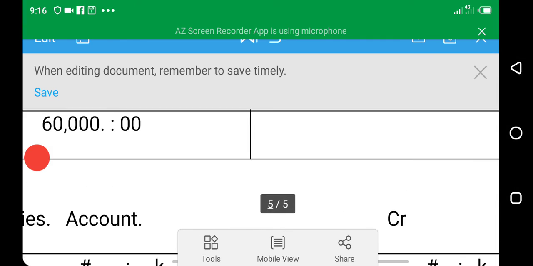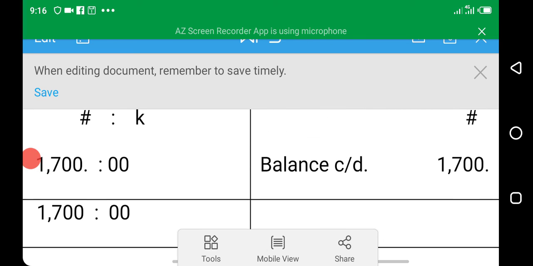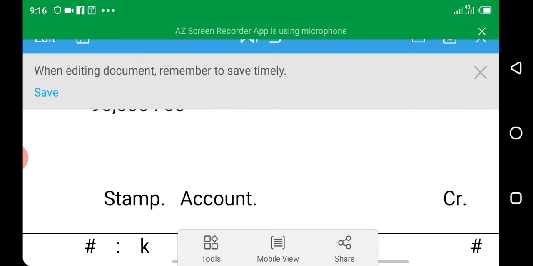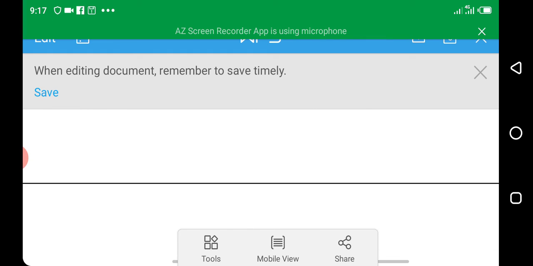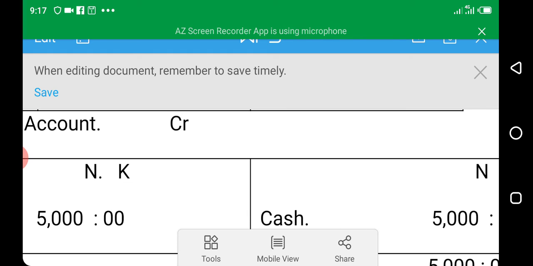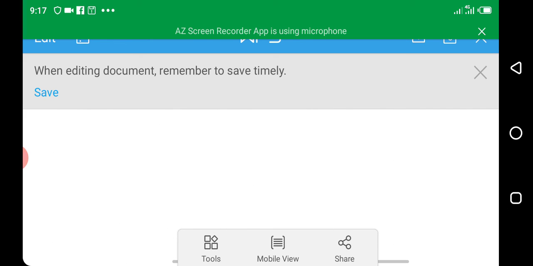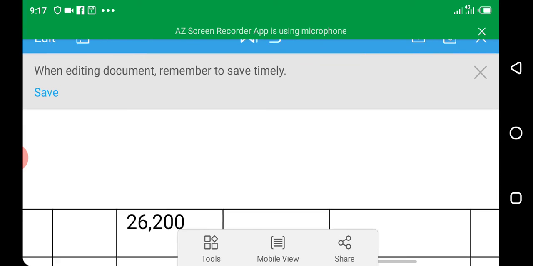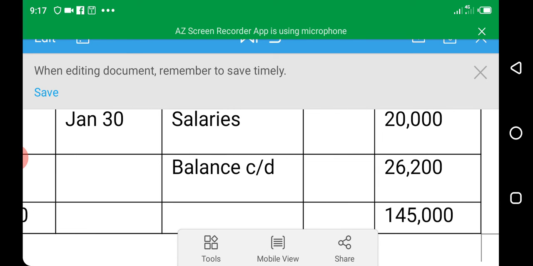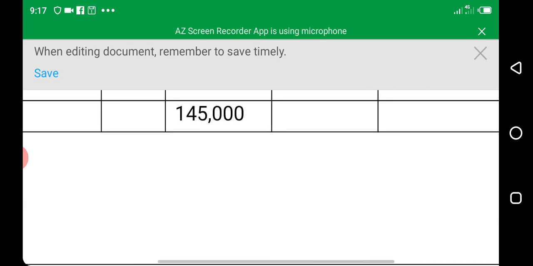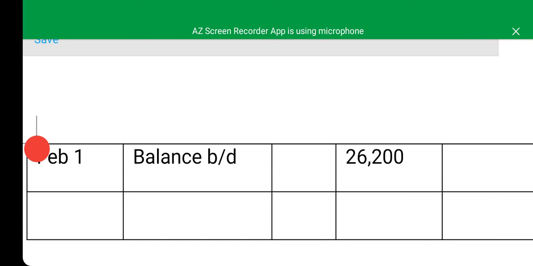When we go back to the cash book prepared, we have balance carried down of 26,200 as we have here. We are not going to open a ledger. Why? Because it has completed its double entry.